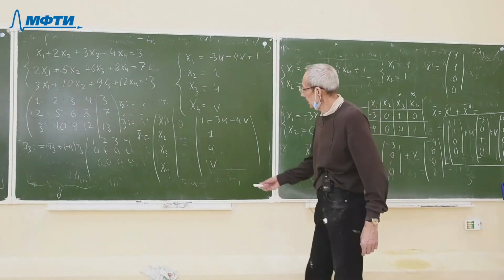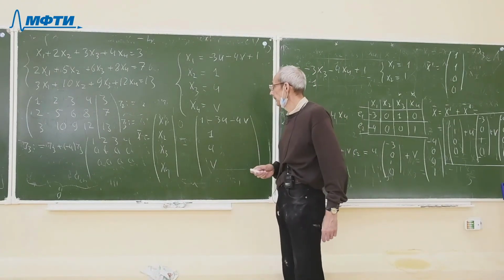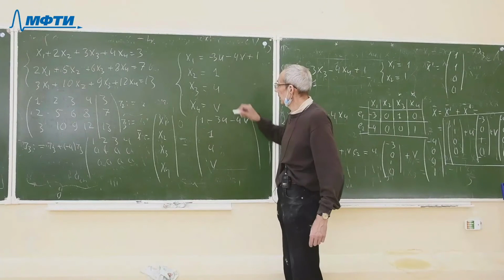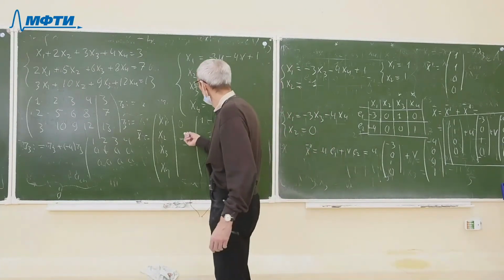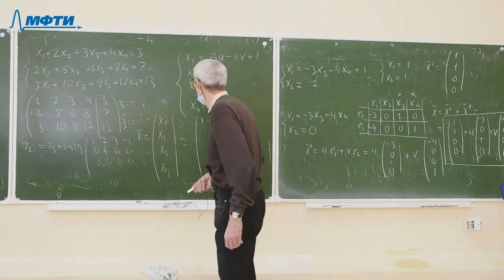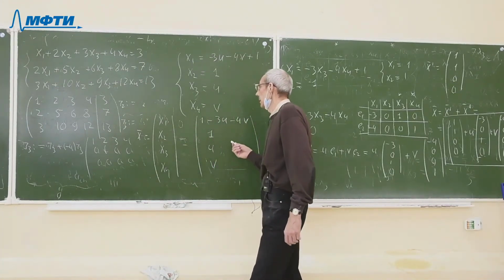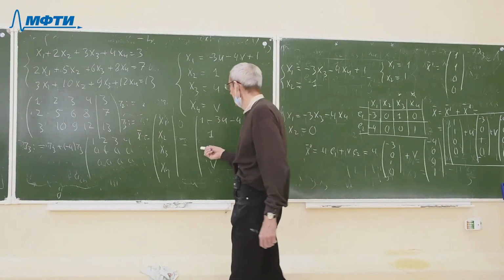It is easy to see that this equality of the two vectors is equivalent to this linear system, that is, equivalence for corresponding components.